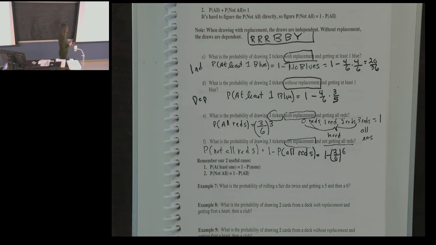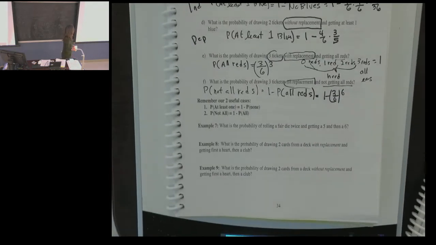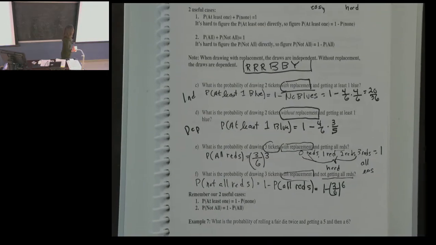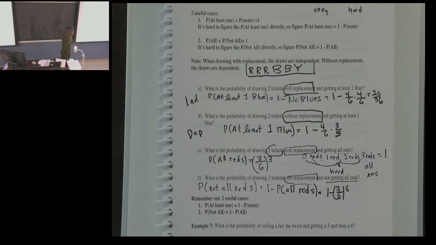Any questions on that? All right, so let's move on. Oh, you had a question, sorry. Why is it 6 instead of 3 with the graph? Why do you have the exponent of 6? 1 minus 3/6 to the 6th? Yes.